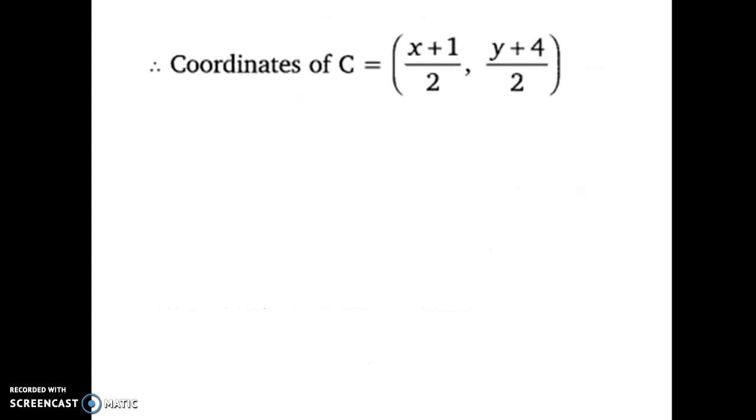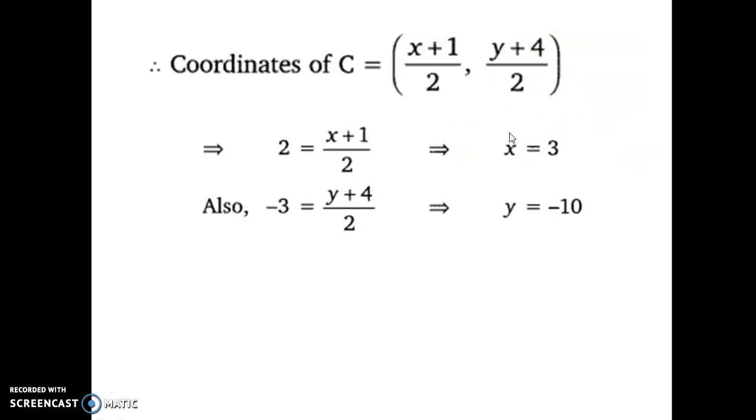Then the C coordinate. Actually, this is the midpoint formula. We are using this midpoint formula and equating it to the coordinates of C. Coordinates of C equal to the midpoint formula we have substituted, because x1 and y1 we don't know.